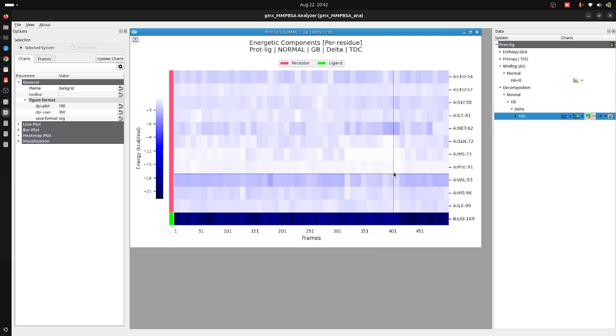The same energy diagram describes how many frames we have considered, like we have used 500 frames, right? So which amino acid interacts with better energy? Valine 93, leucine 54, and methionine 62 are more energy minimized, right?